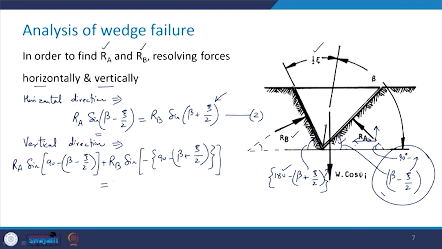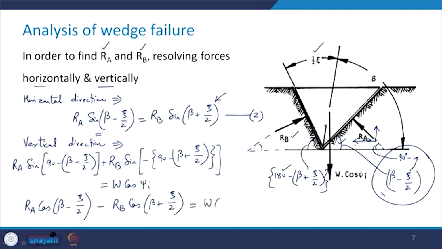This whole thing would be equal to W cos of psi i. And from here we will get RA cos of beta minus zeta by 2 minus RB cos of beta plus zeta by 2 is equal to W cos of psi i. Mark it equation number 3. Simple trigonometry, and you will be able to get the horizontal as well as the vertical force equilibrium equation.